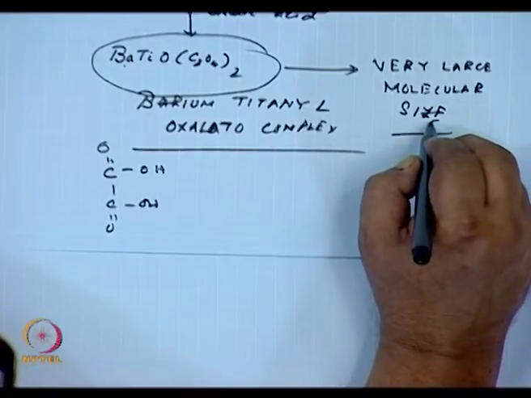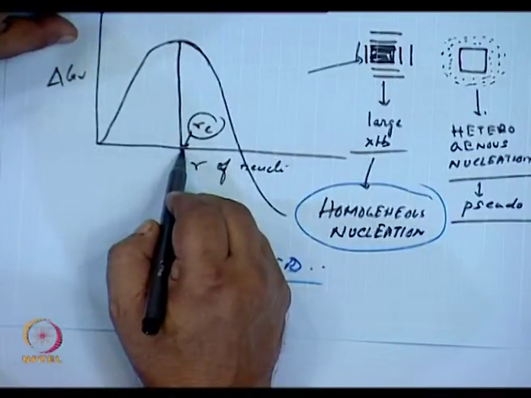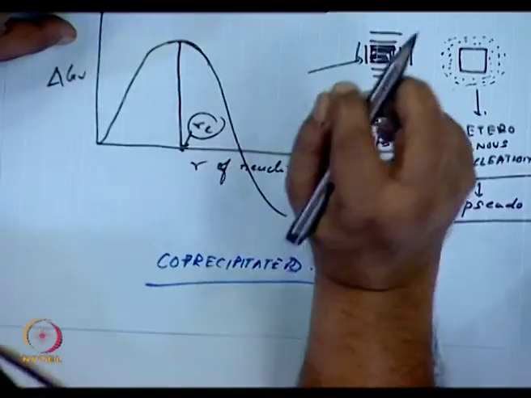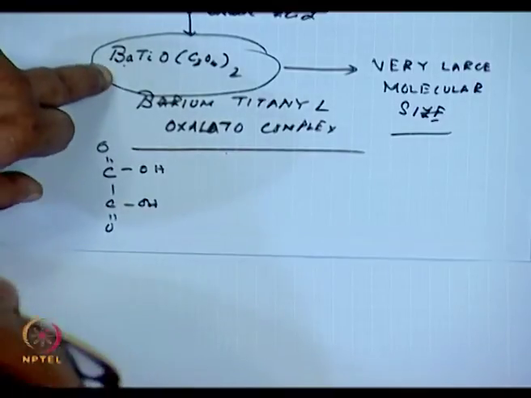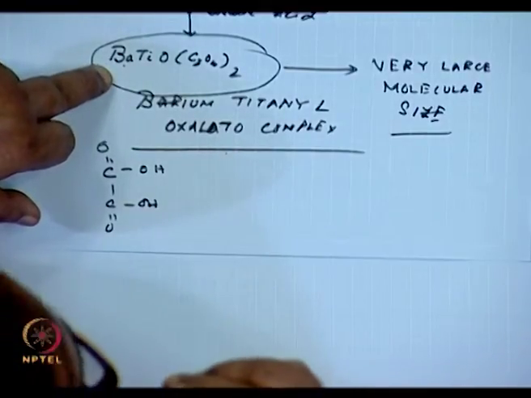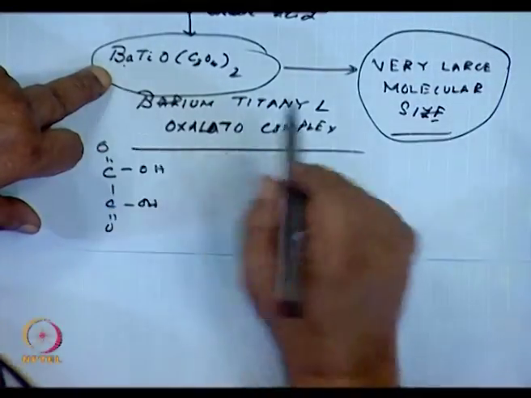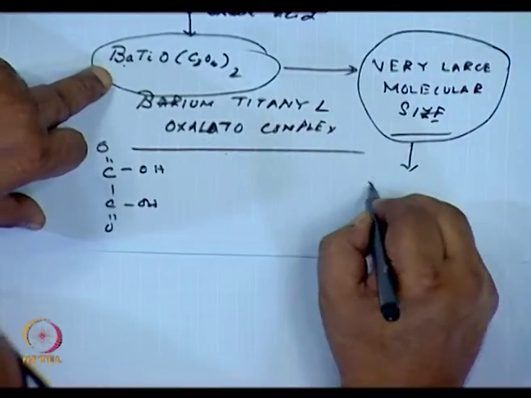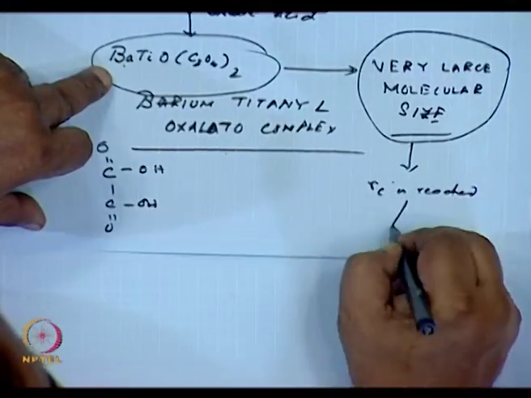If you remember, I had said until critical radius is achieved, the nuclei are not stable. Now, here in this case, I have barium titanyl oxalato complex which has got a very large molecular size, and hence RC is reached faster.